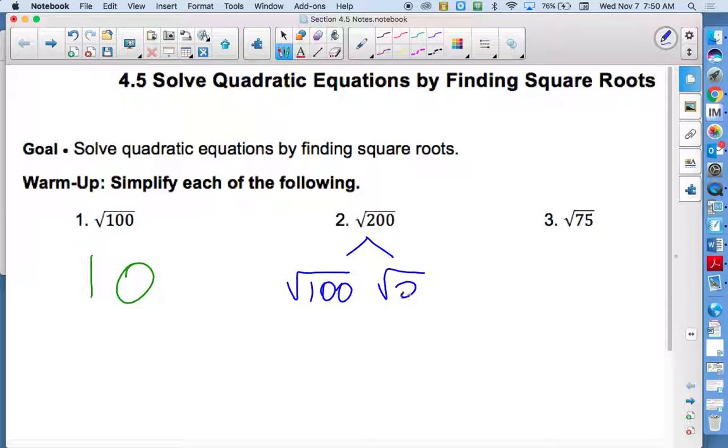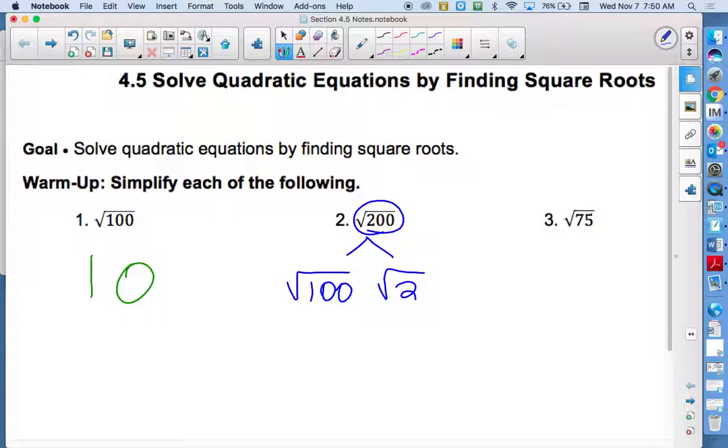2. Okay. So when we look at the number 200, we need to think what 2 numbers multiply to be 200. One of them has to be a perfect square. So 100 times 2 multiply to be 200. But we can take the square root of 100. So you're really looking at the numbers that you just wrote down.